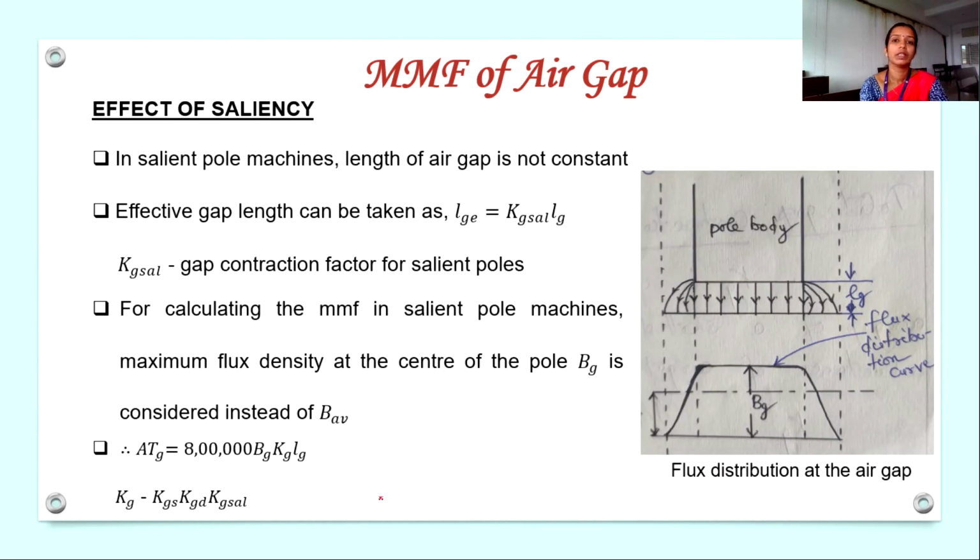Okay, now we have to consider the effect of saliency also. So we know some machines are having salient poles, projecting poles. We know salient poles are poles projecting outwards from the stator periphery. Okay. So here a salient pole machine is shown.